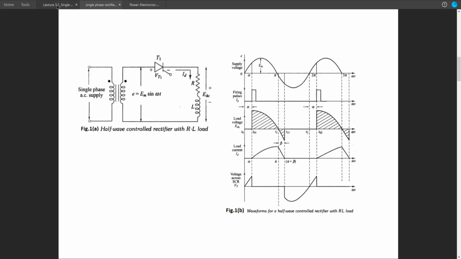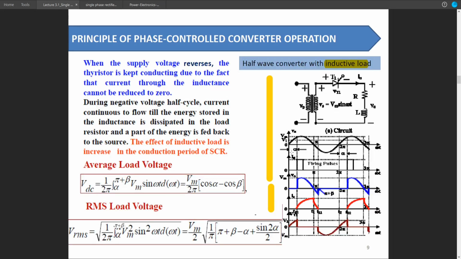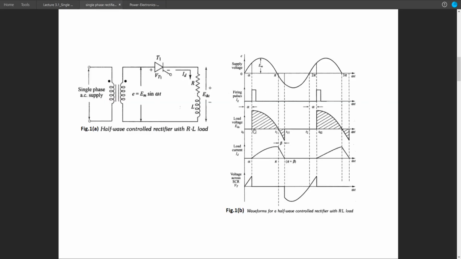So if we go back to our main slide, this is the formula for deriving the DC voltage and RMS voltage of a half-wave rectifier with inductive load. Just the limit will change and it will be from alpha to pi plus beta.